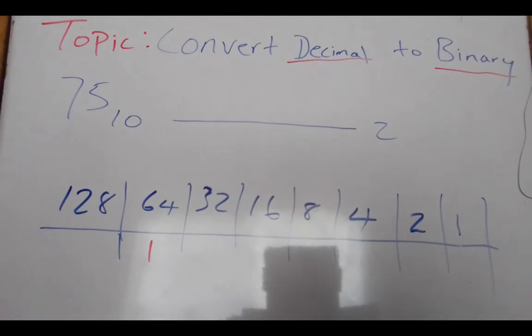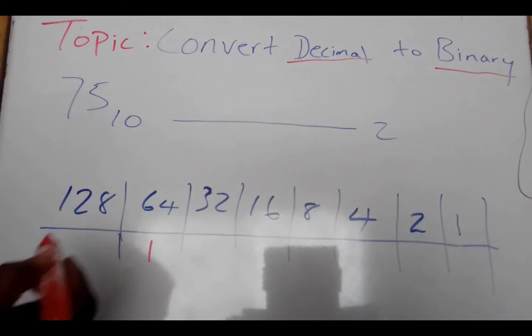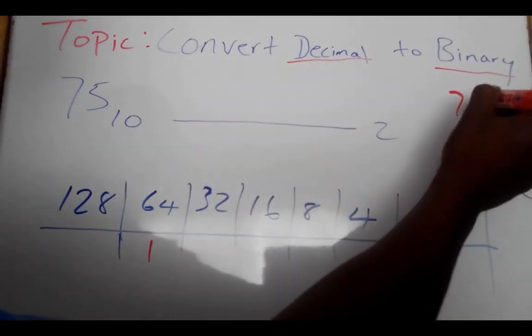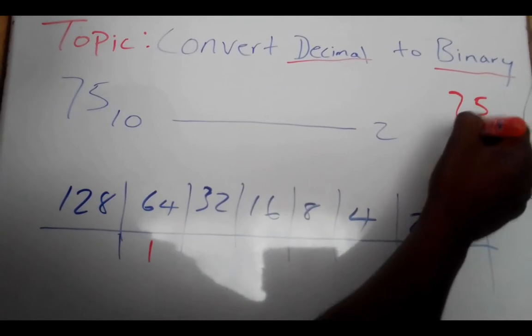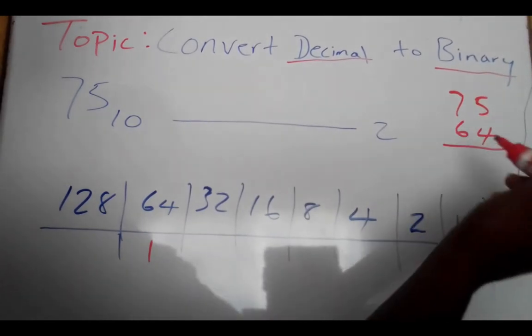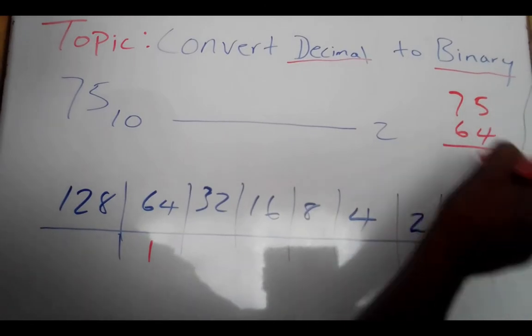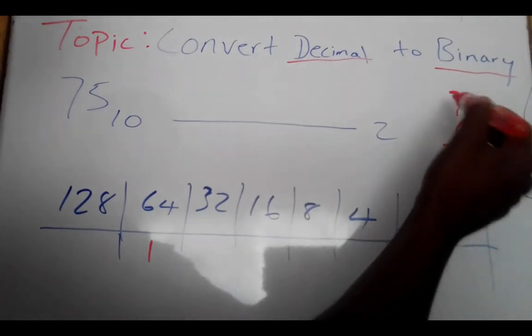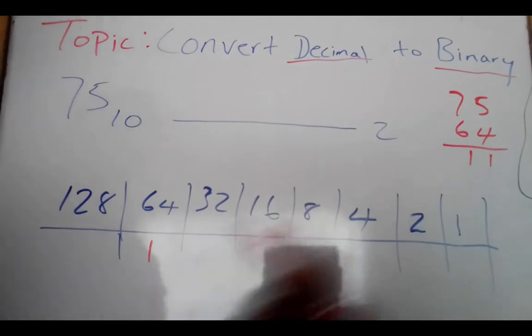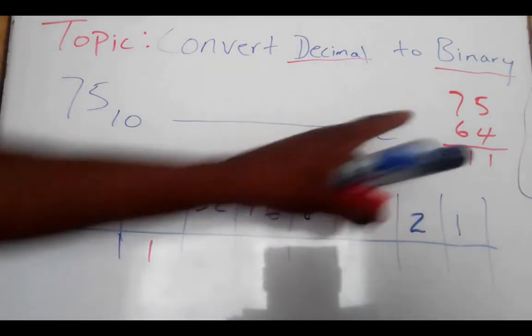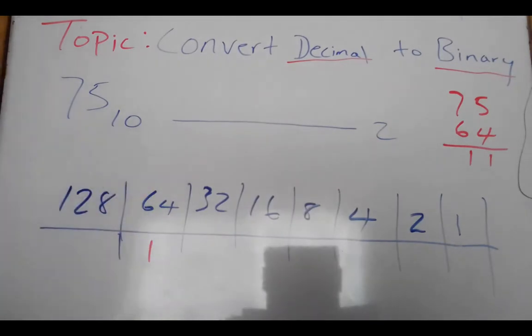So we have 75 minus 64. 5 minus 4 we have 1, 7 minus 6 we have 1. So we know that we need 11 more to add to this 64 to make it 75.